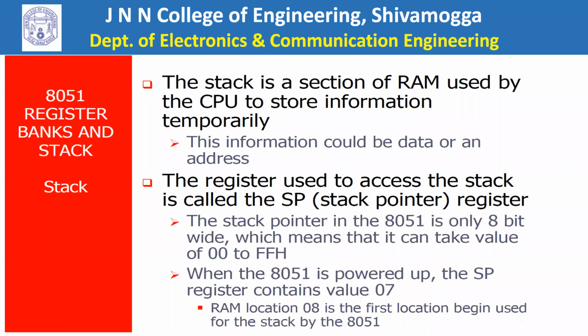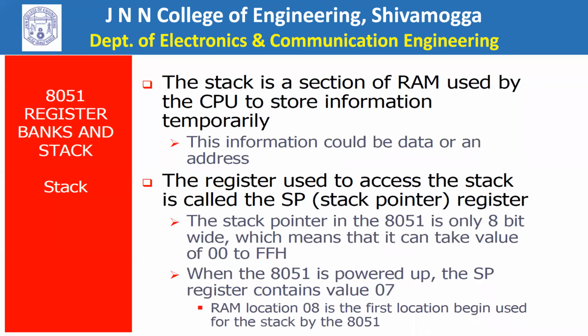The stack is a section of RAM used by the CPU to store information temporarily. This information could be data or an address, anything is fine. The register used to access the stack is called the stack pointer register.